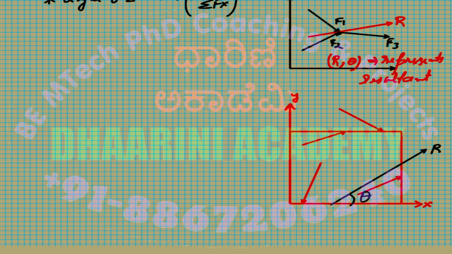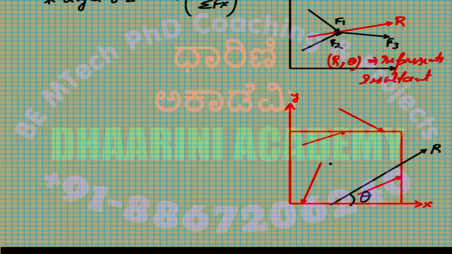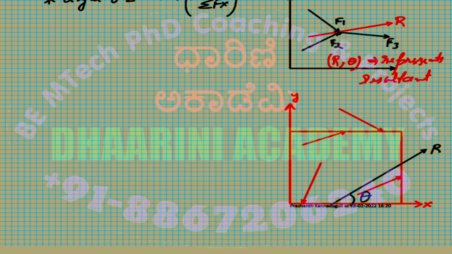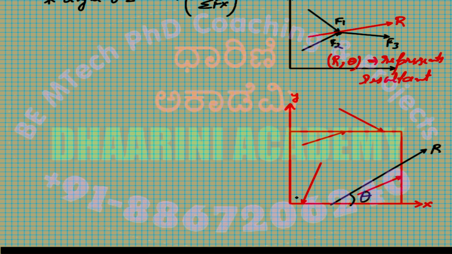The force is actually located right over here. I can measure it with respect to a point. Let me say this is the point from where I am trying to measure, maybe this is O. From O, what is the shortest distance?